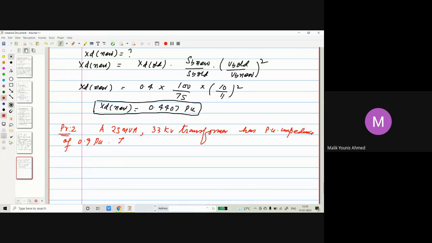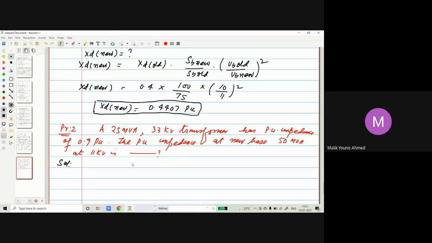Find the per unit impedance at the new base of 50 MVA and 11 kV; these are the new base values now. So it is the same type of numerical. Okay, let us find the solution.